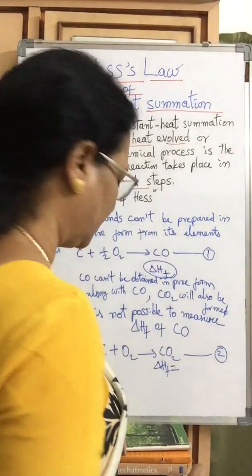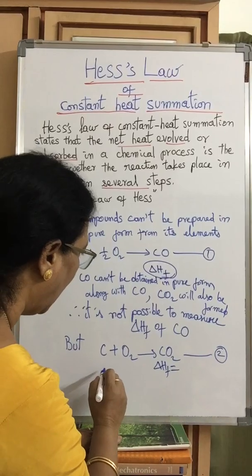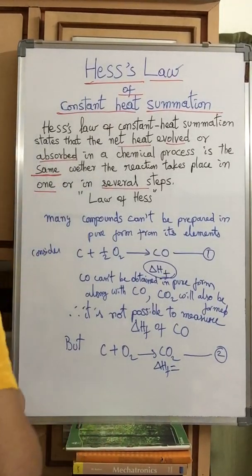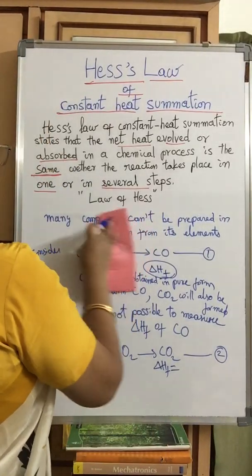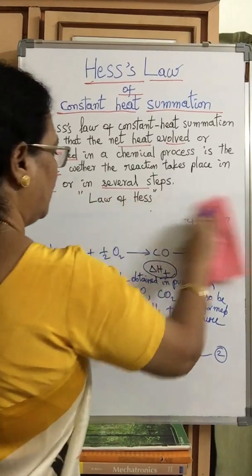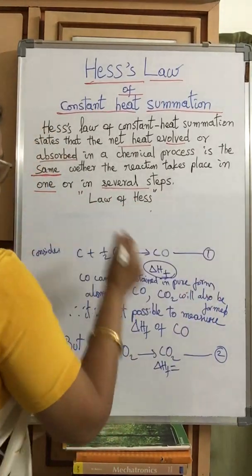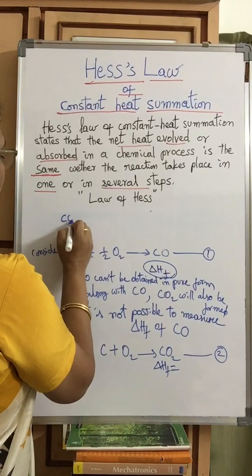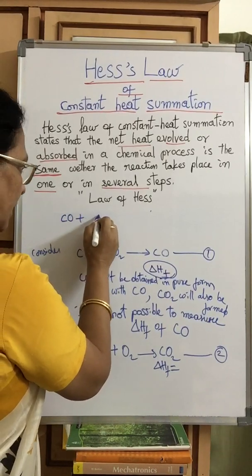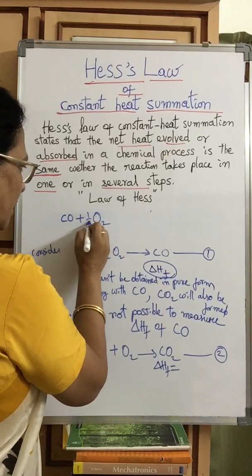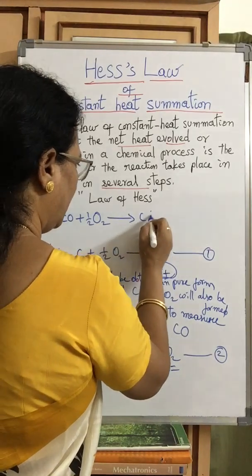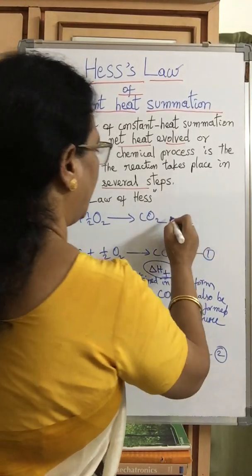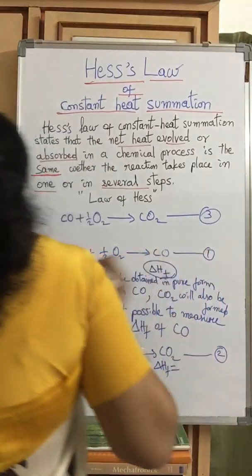I'll write the values. Next, another: CO can be taken and it can be oxidized to get CO2. This also could be done. This is another equation 3.